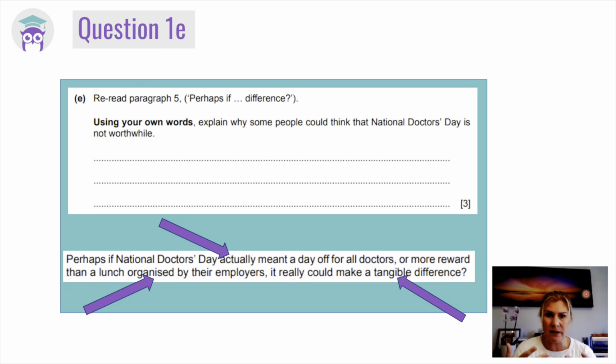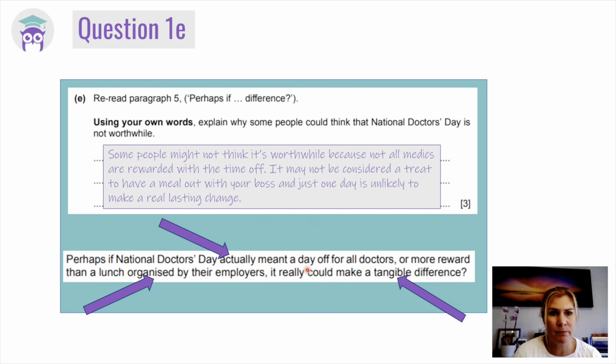So those are the 3 points that we need to make, but we've got to come up with some synonyms. So we've got day off. Yeah, not all doctors have a day off. So time away from work, a brief holiday. Okay, reward, lunch, employers: treat, meal, boss. So see what I'm saying? You're going to just have to find a few key words to shift around. So something that looks like this. Some people might not think it's worthwhile because not all medics are rewarded with the time off.